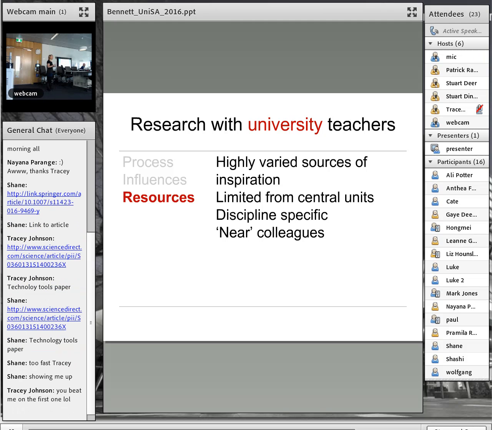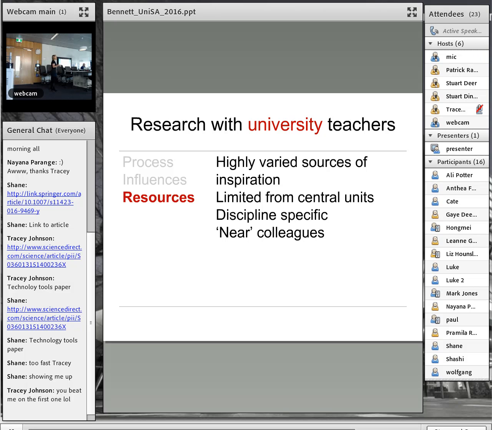And I think this is a really important point because it's the credible other. So that actually might be somebody that they know through their professional network from a conference or a discipline network. It might be someone just down the corridor. It could be someone in a central unit. But that importance of their own sort of network of these near colleagues. And I put near in inverted commas because there could be thousands of kilometres away.